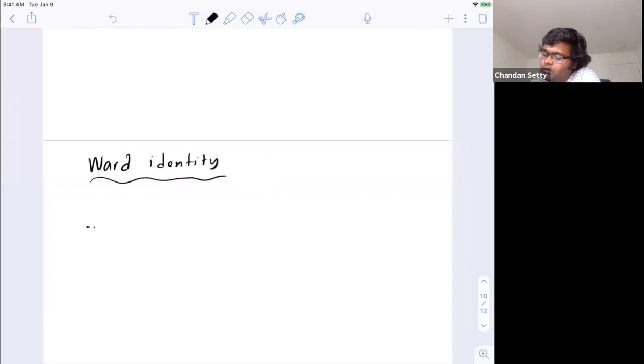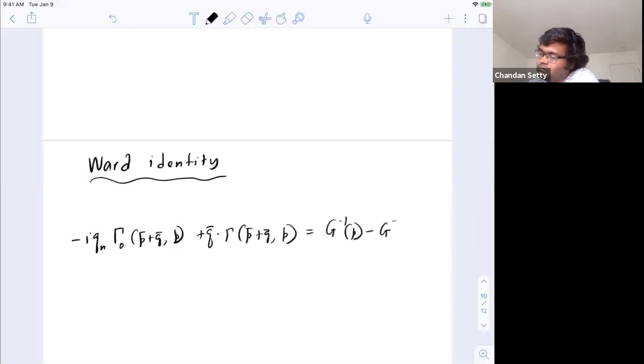And the way you do that is simply by writing out the Ward identity, and from this, given that I know exactly what G inverse is, that is, I know what these expressions are, I can back calculate what gamma is, which is my vertex correction.